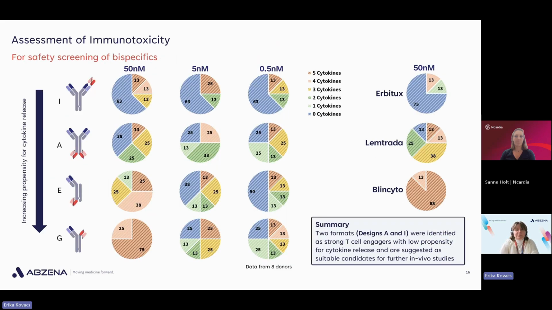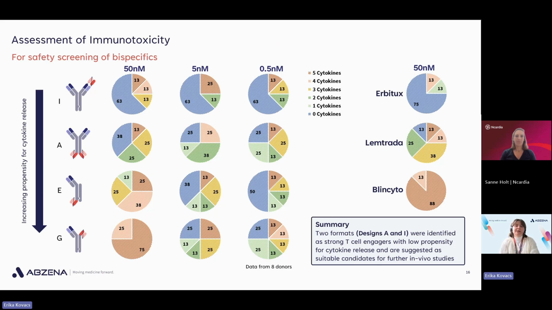Here I will demonstrate a case study that we ran for safety screening of a panel of bispecifics. I don't have the time to go into that today, but we have done extensive functional assessment on a panel of bispecifics. We have narrowed down the panel to these top 4 performing candidates, I, A, E, and G, and assessed them for safety concerns using the cytokine screen assay.